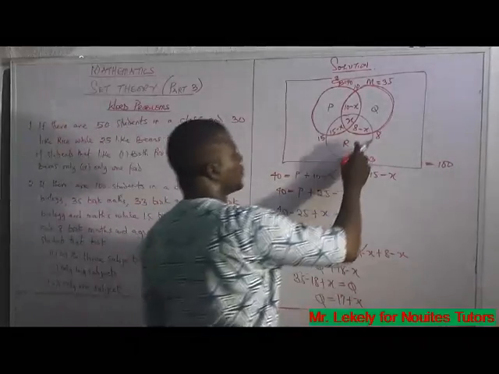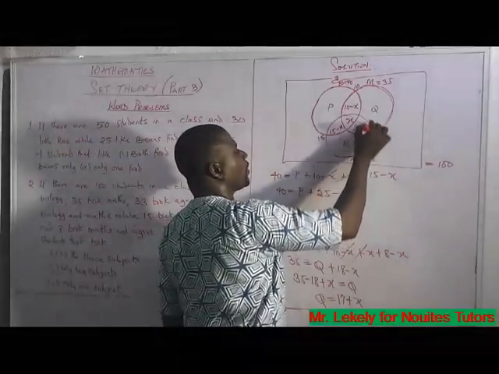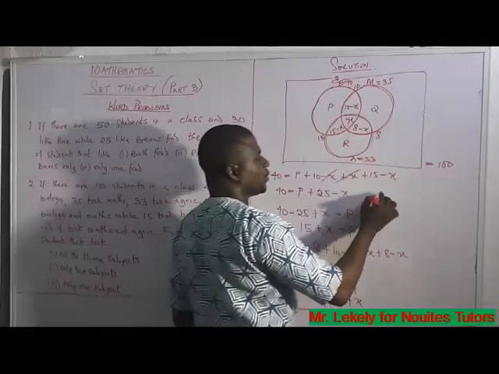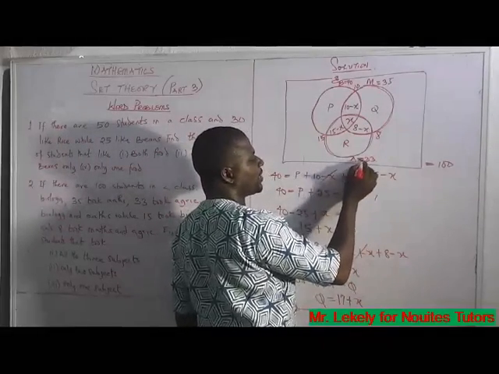So the last one, which is the circle of Greek. The circle of Greek is 33.